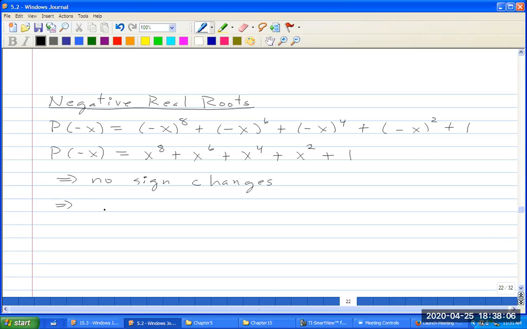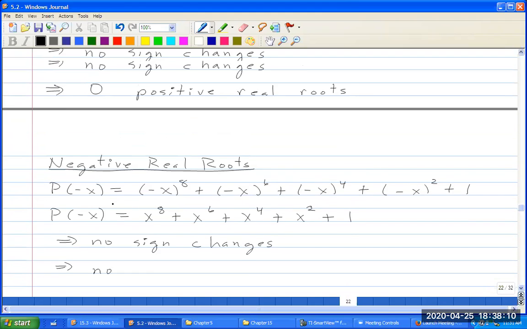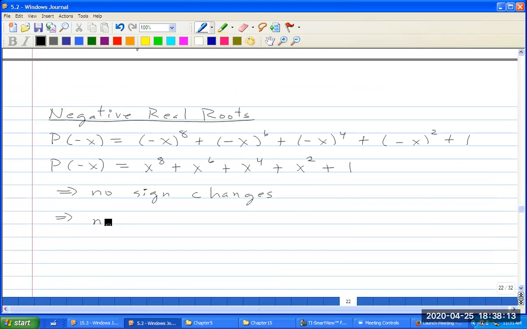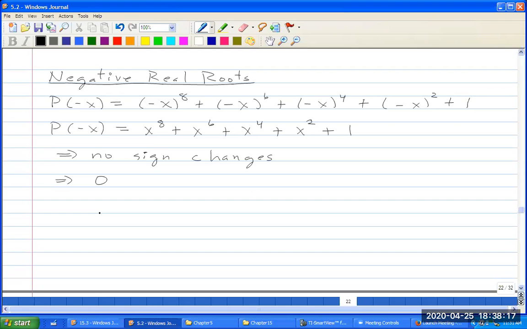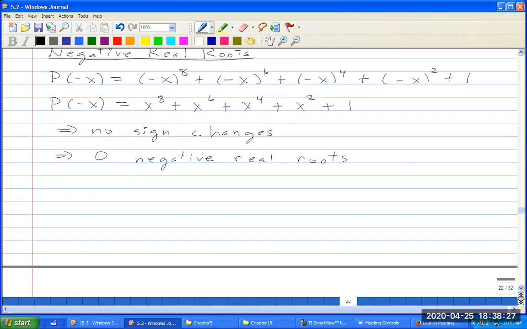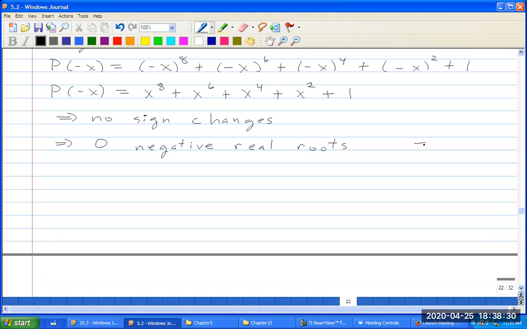And so there are, did I write 0 or no? 0 negative real roots. So this actually gives you something. The zeros actually say something good. So I now know exactly how many roots there are.